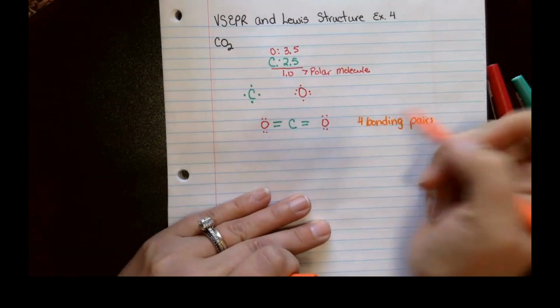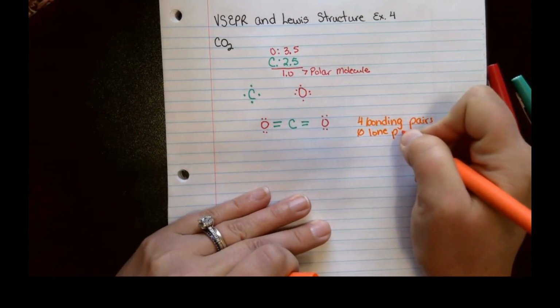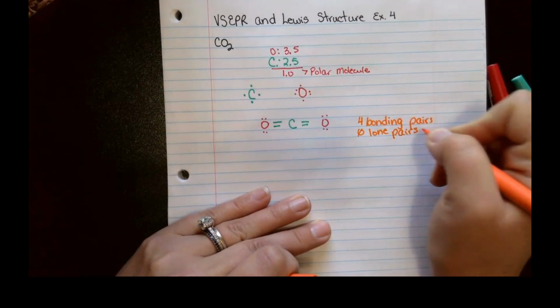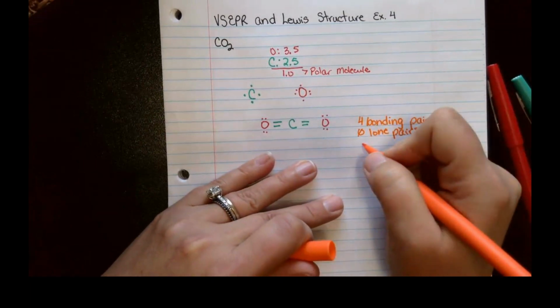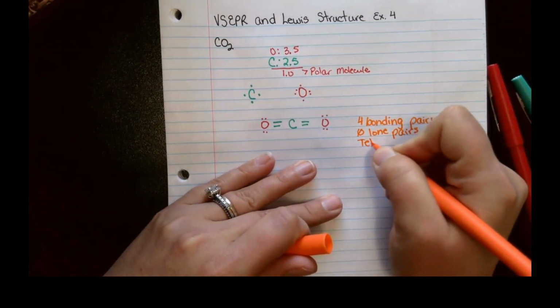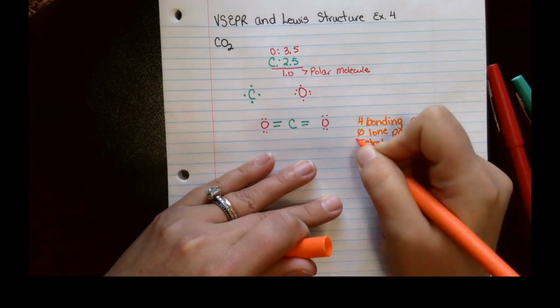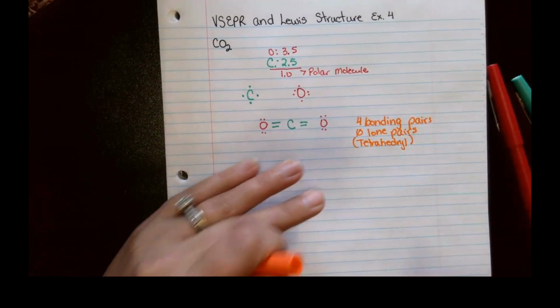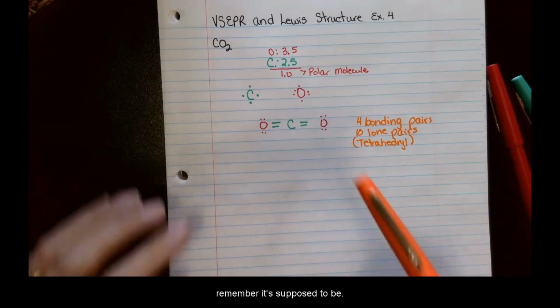With 1, 2, 3, 4, it's going to have no lone pairs. So this is going to be a tetrahedral. That's the molecular shape.